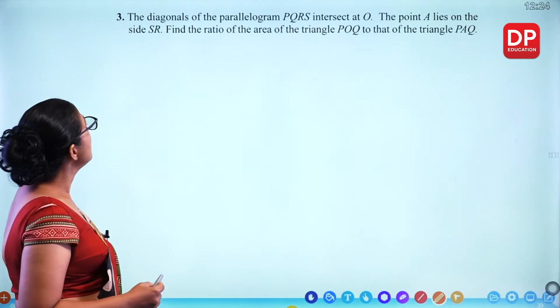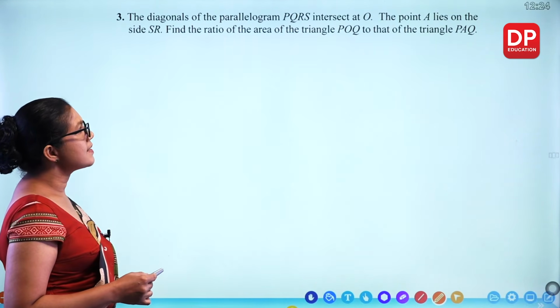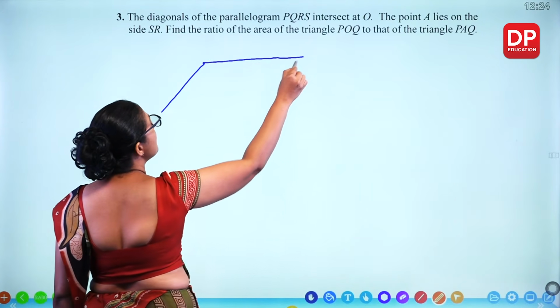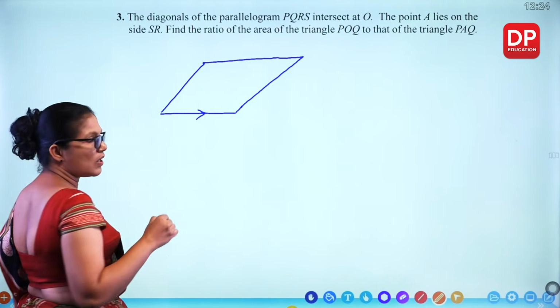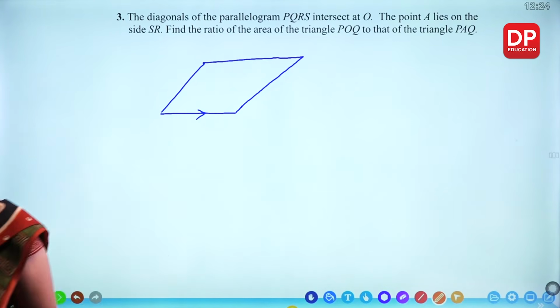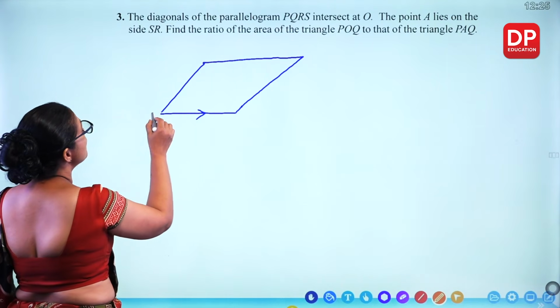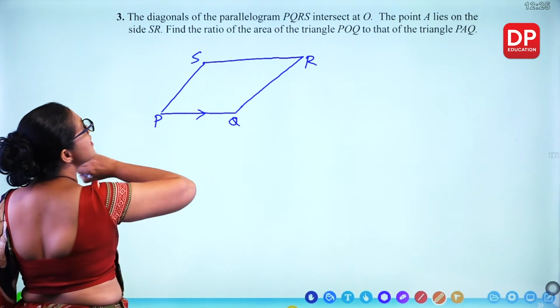Question number 3. The diagonals of the parallelogram PQRS intersect at O. So we'll draw the parallelogram PQRS. Now here, this is a parallelogram.